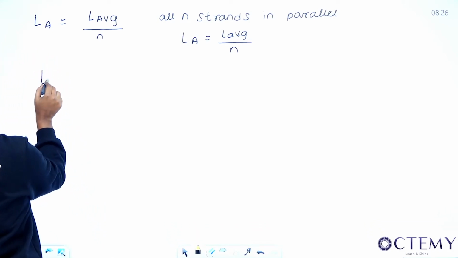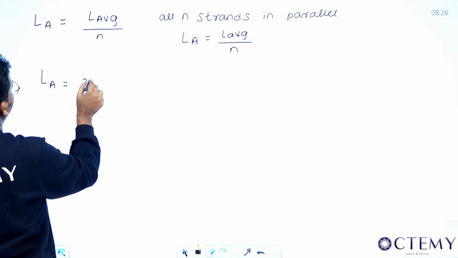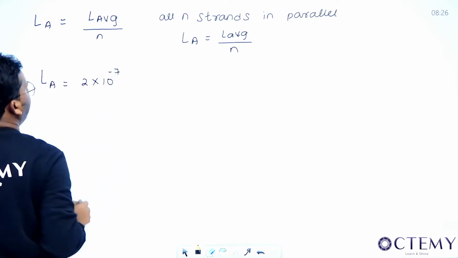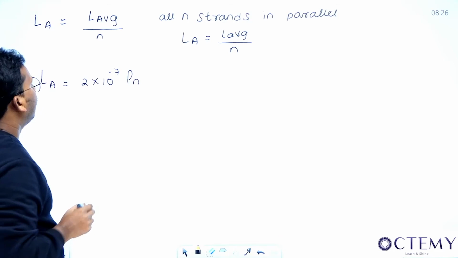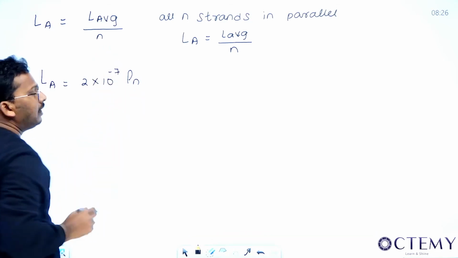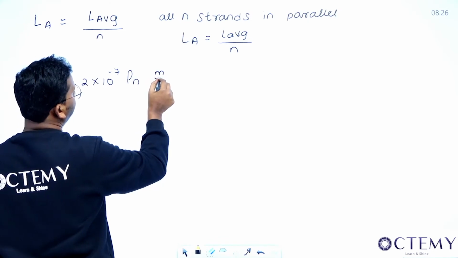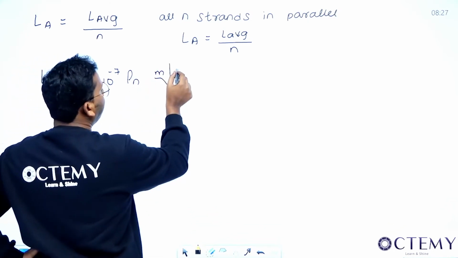See now, LA will be equal to 2 into 10 power of minus 7 into ln. I have to take this 1 by n, but let me write this as mth root of. This mth root is there. Now let me write all the terms here.